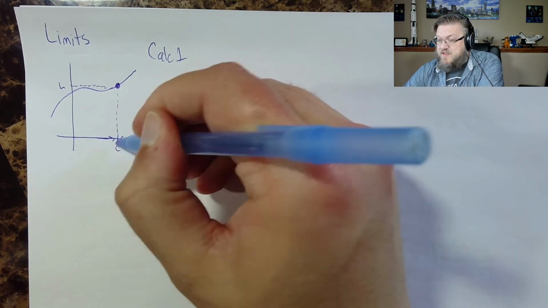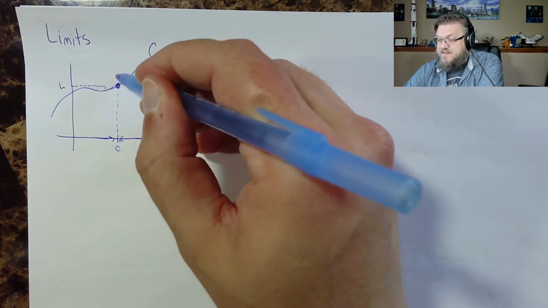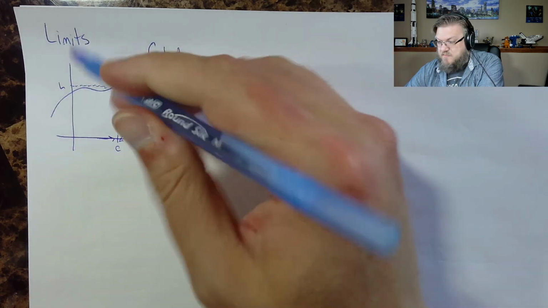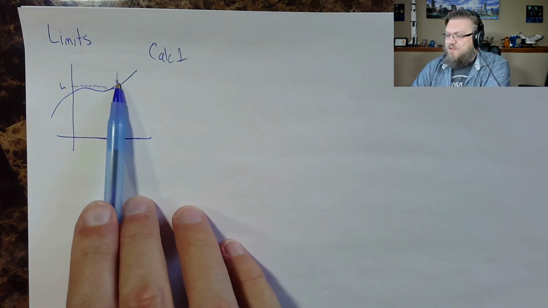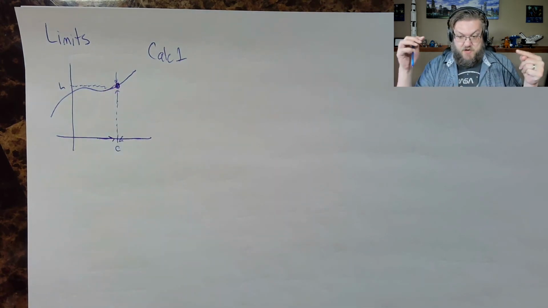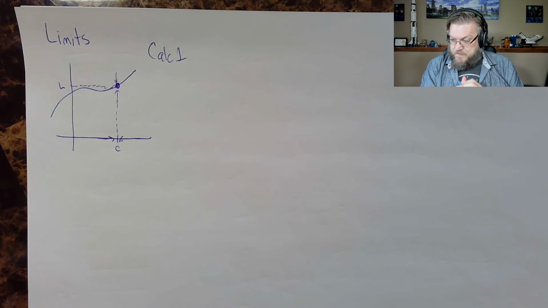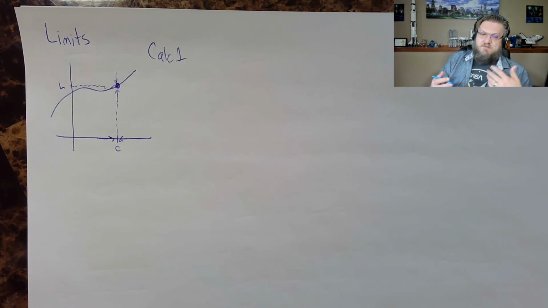When I approach from the left of c, when I approach from the right of c, what height does this approach, right? And in many cases, it approached, right? We could say it approached L, right? And a limit doesn't care what's happening at a certain point. It just cares about what's happening to the height as I approach it from the left and the right. Okay, so what does that concept mean in a vector scenario, right? What does that mean in that case, right?